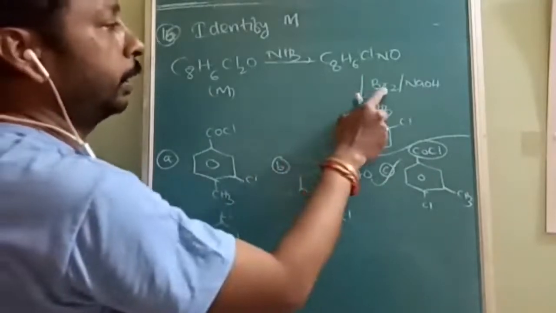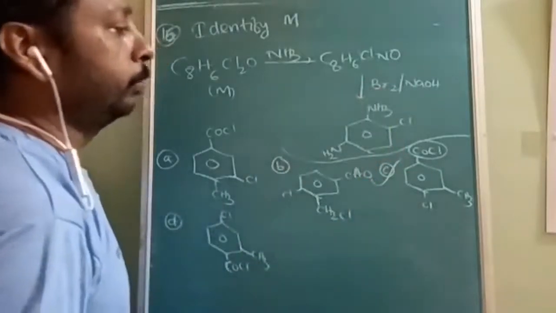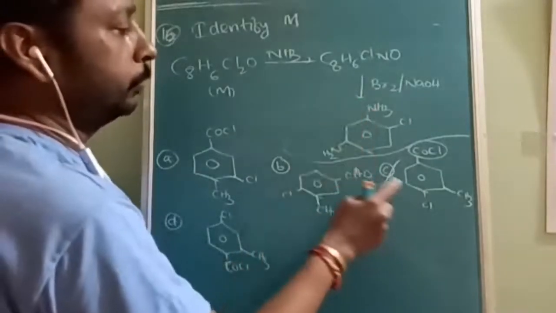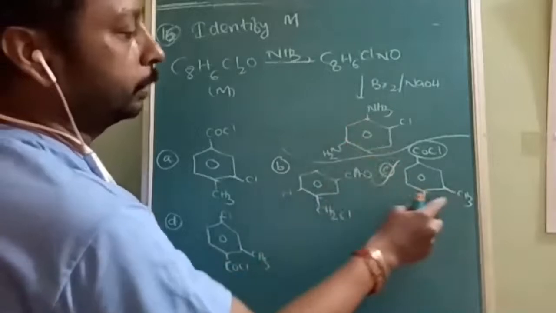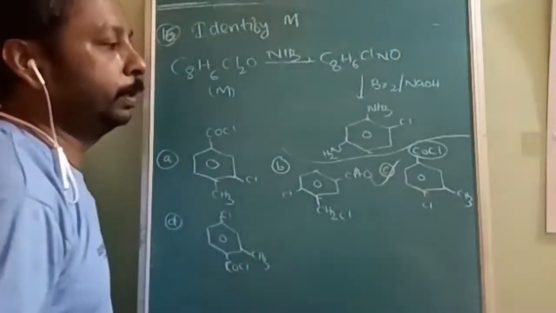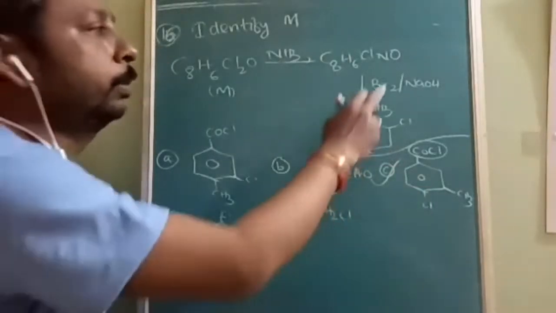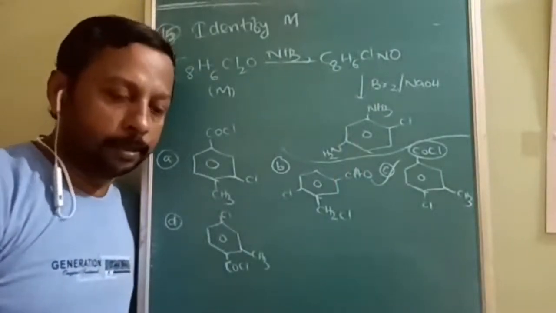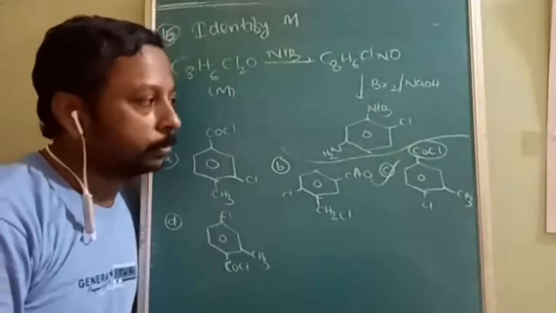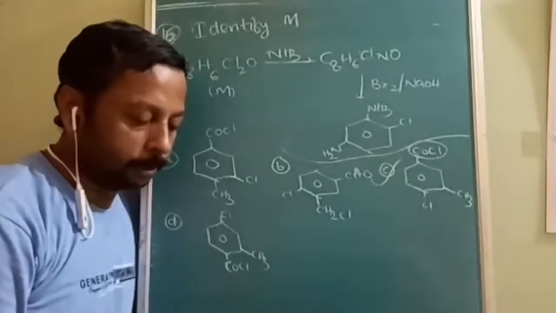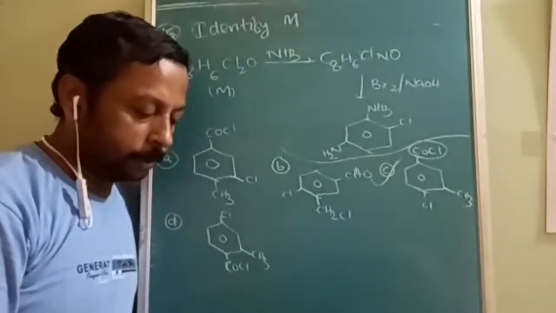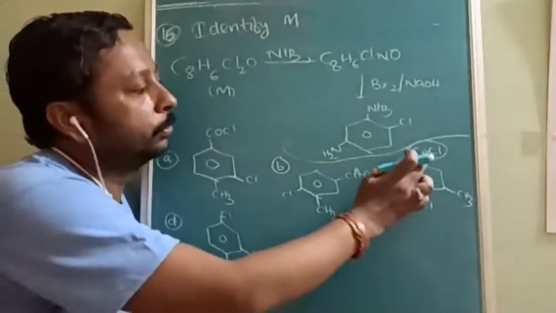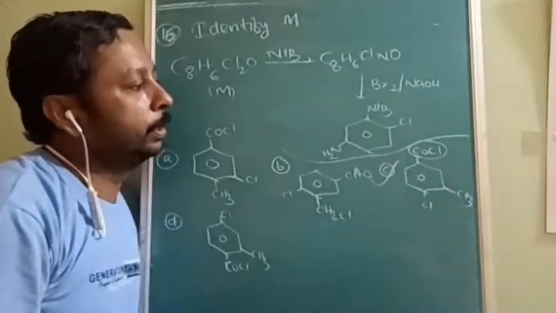Then on reacting with Br2 and aqueous NaOH, it loses the NH3, and this CH3 and NH2 should be together. Br2 with NaOH will reduce the carbon atom by 1, so that will be replaced with CH3. Therefore, COCl will be converted into NH2 amine.